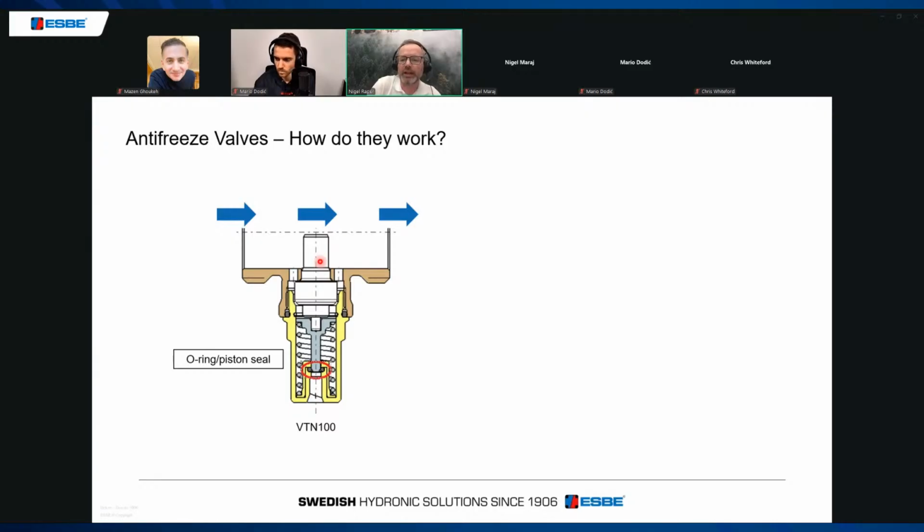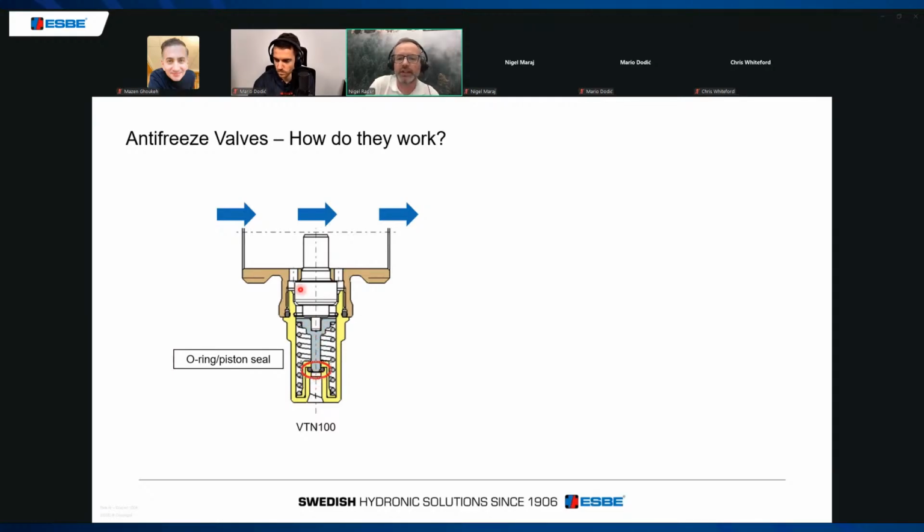What this element does is, as the water gets hotter, it increases the volume of the wax in here. So the wax grows in size and pushes this white piston out of the wax element, pushes on this grey piston, and moves it into this region.